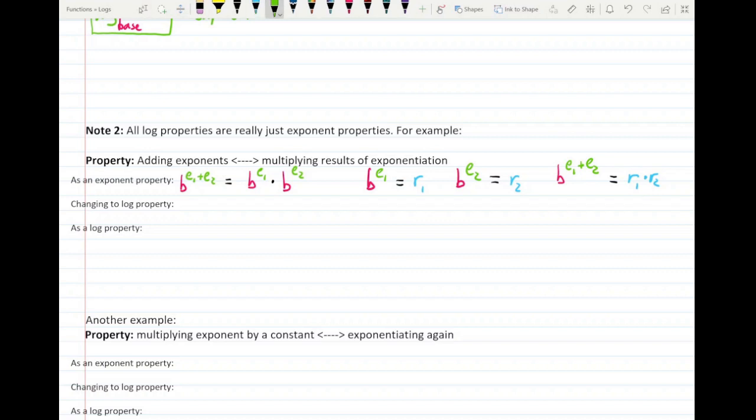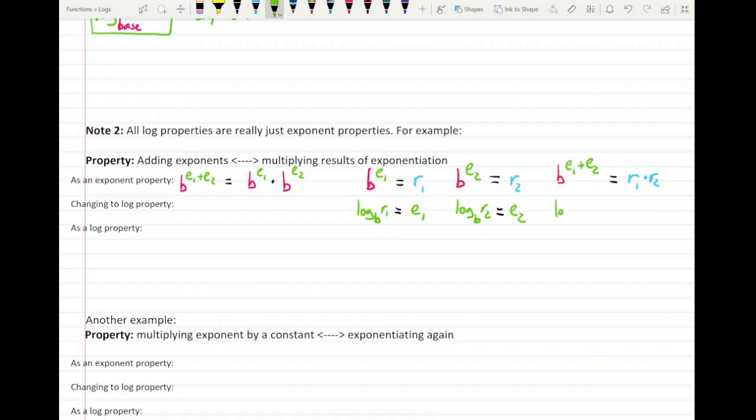We can now use logarithms to recover our exponent, giving us log base b of r1 is equal to exponent 1. Log base b of r2 is equal to exponent 2.